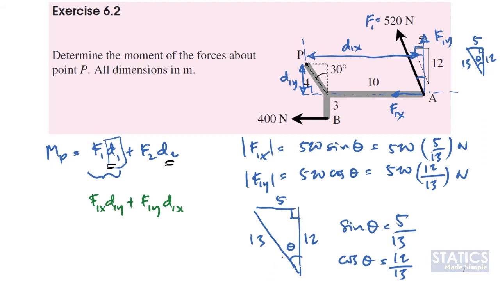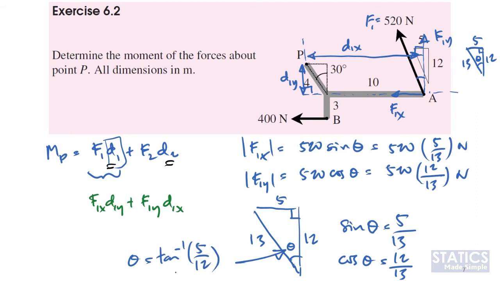I see this a lot. Sometimes students don't like to use this format. They are more comfortable figuring out what the angle theta is, so they waste their time finding theta. If they know this is 5, this is 12, they calculate the value of theta, which is tangent inverse of 5 over 12. Once they get theta, they punch it into the calculator to calculate sine theta or cos theta.